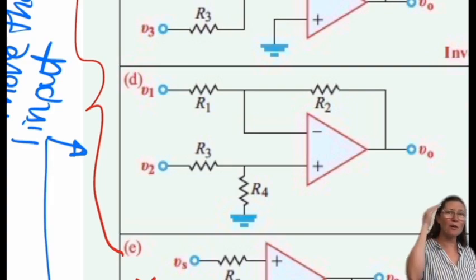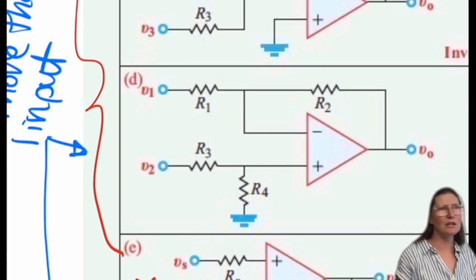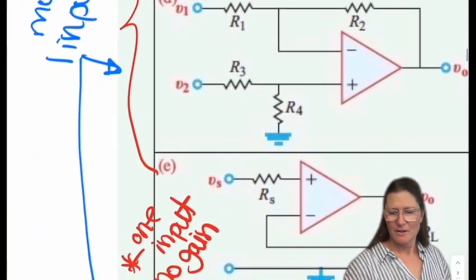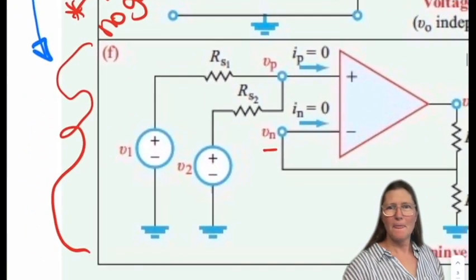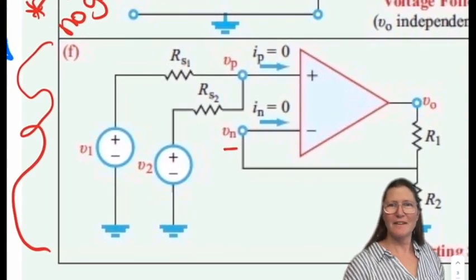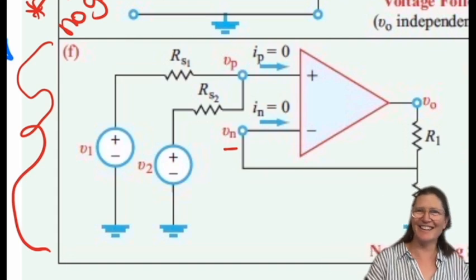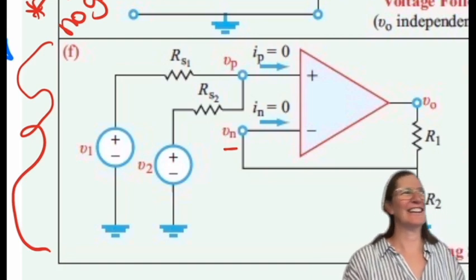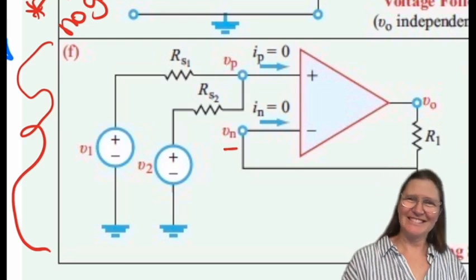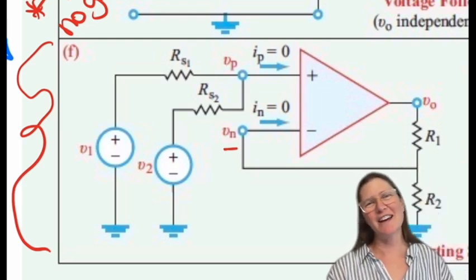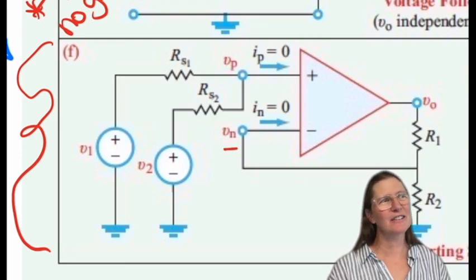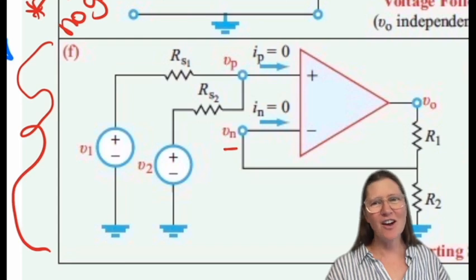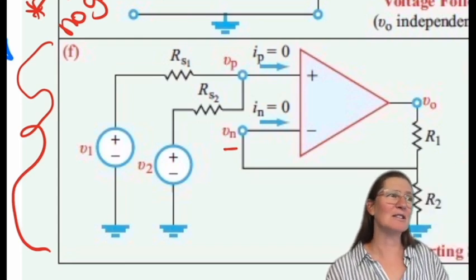Difference, correct, because you have one input V1 going into the negative and V2 goes into that positive side. Okay. What's this one? I'll totally hide it. I am in the way, and this is opposite that. Okay, so this one is correct. Non-inverting summer because the signals are coming into that positive side. Okay. All right, good.